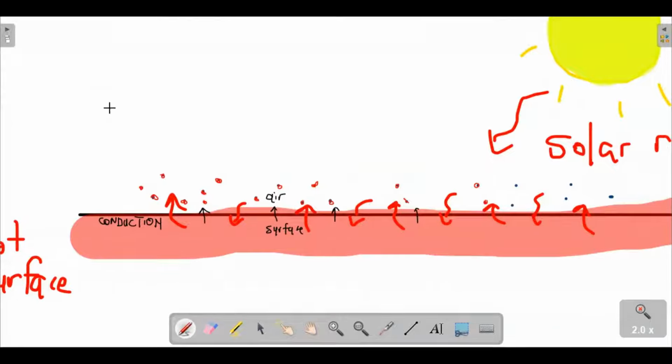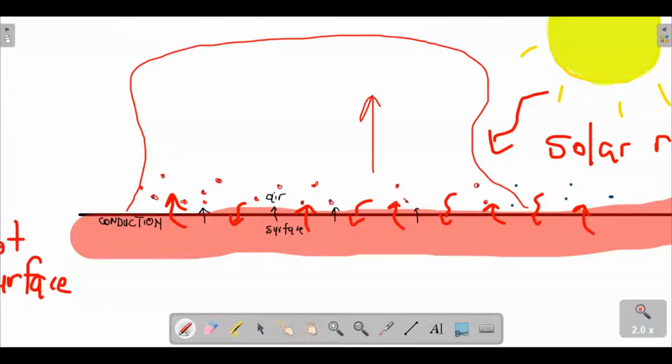It rises up because it has a lot of energy. It is less dense, so it's going to rise up. So this all occurred because of intense heating. When you have intense heating, the sun heats up the surface, the surface heats up the air, and the air rises up.